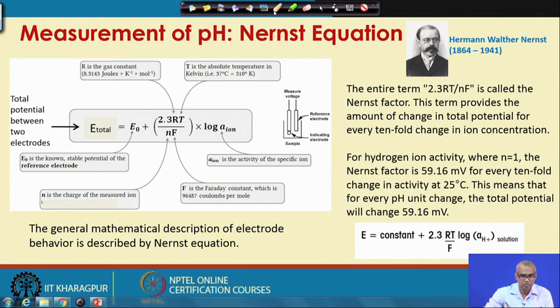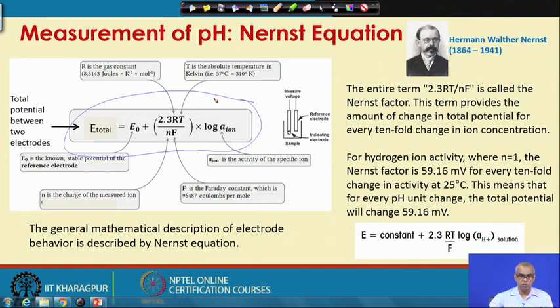which is E equal to E0 plus 2.3 RT by nF into log activity of, say, hydrogen ion. So, E total is the total potential between two electrodes.